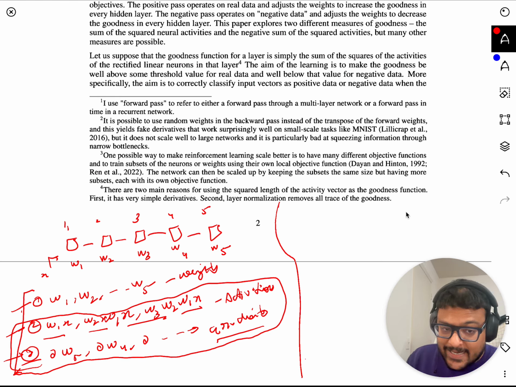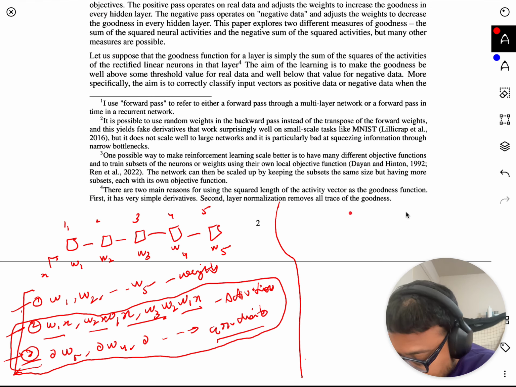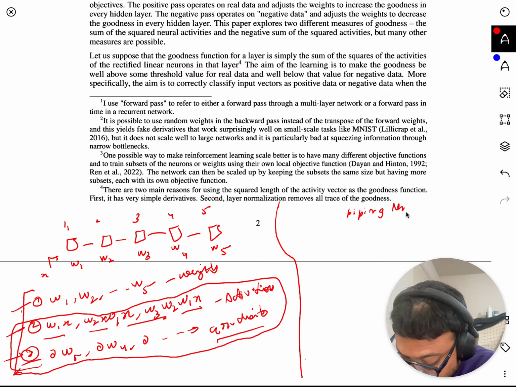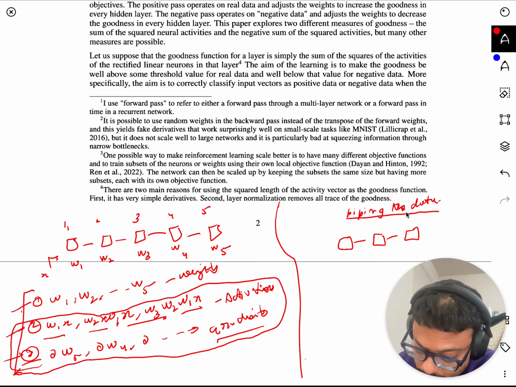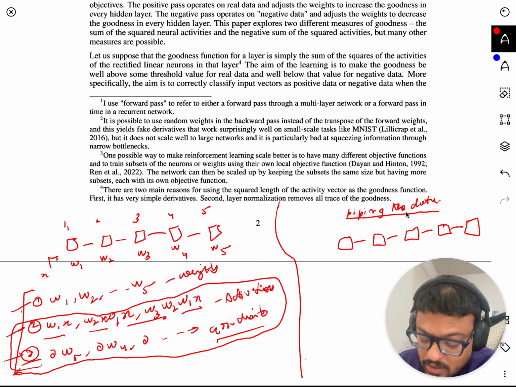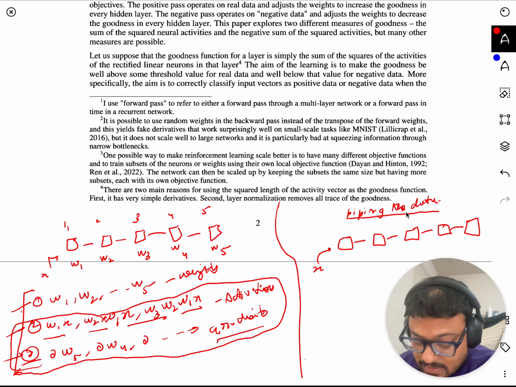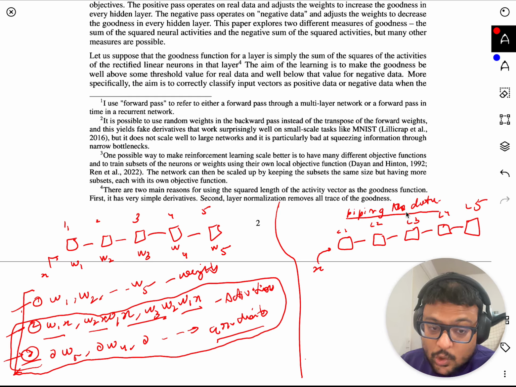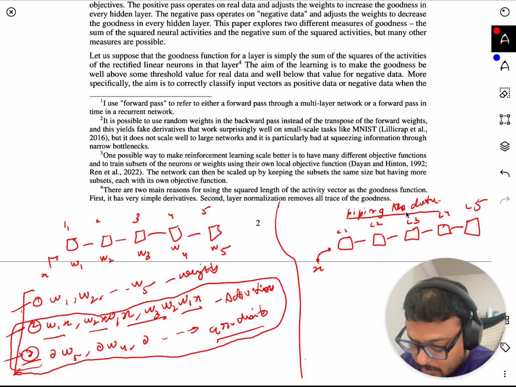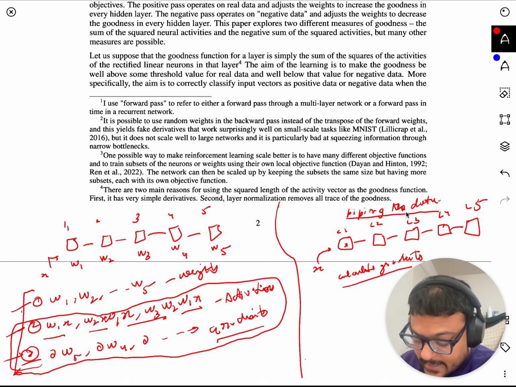Okay, so the idea is something which Hinton calls piping the data, and it goes as follows. So let's say you have these five layers. Now you want to invent a learning algorithm in this way that whenever you feed your data here, as soon as any of the layers sees that data, it updates itself, and it never stores the gradient. So when the input comes to layer 1, it will somehow calculate gradients, and it will update its own weights.